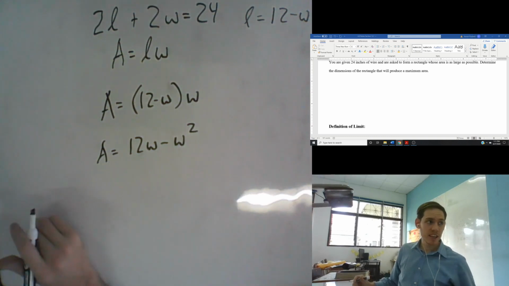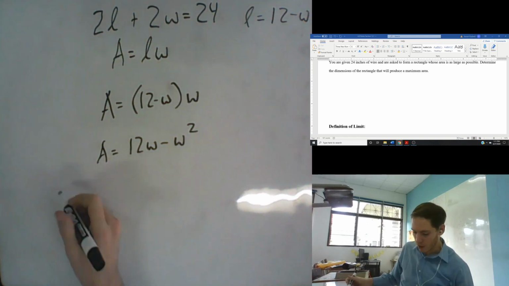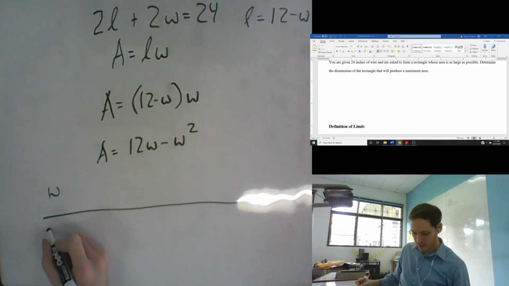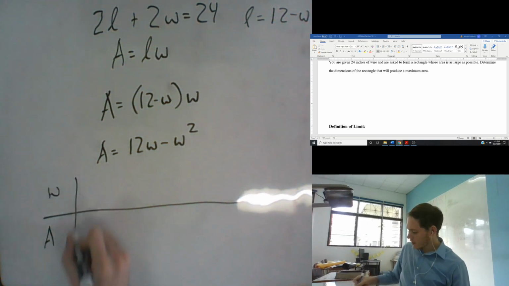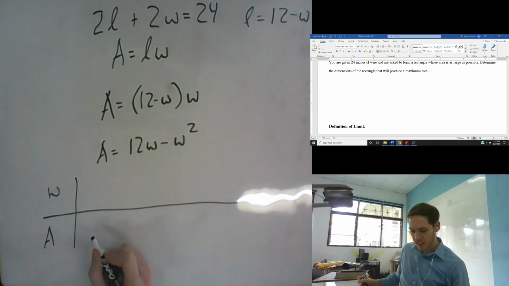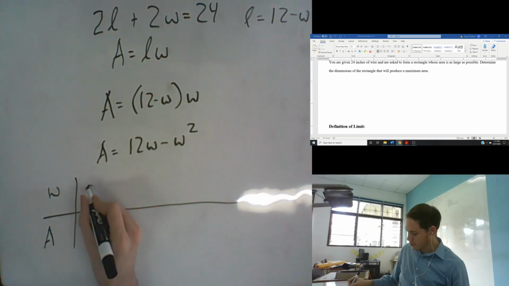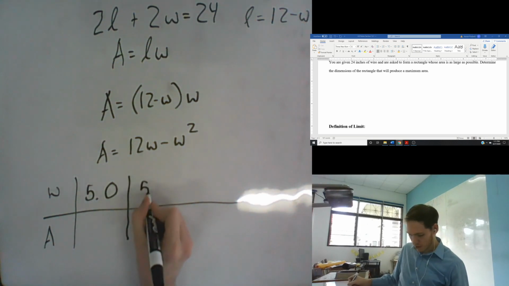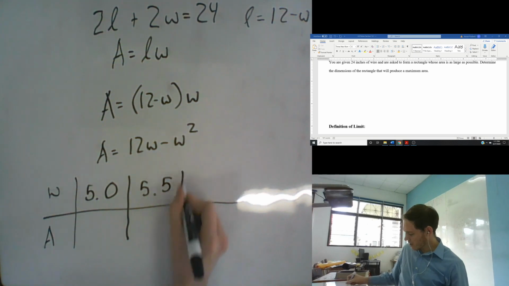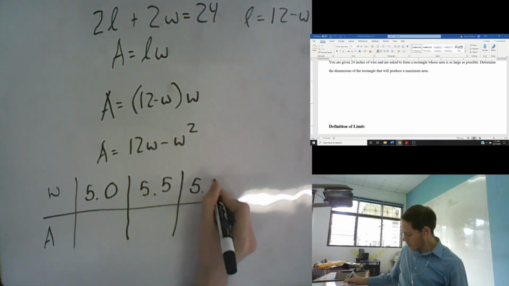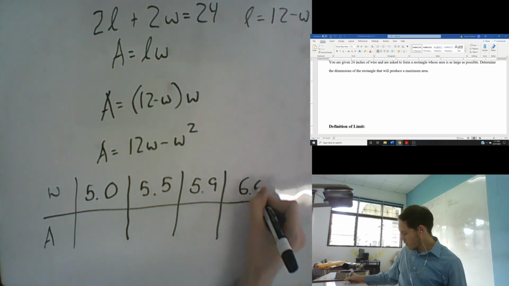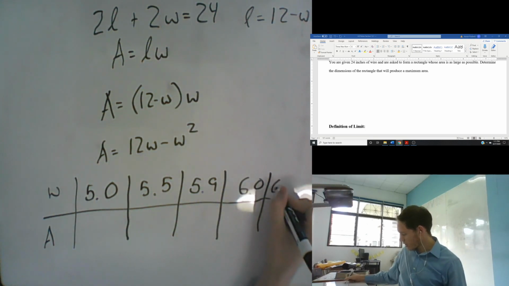So we would create a table in this case where we have our width and area, A. And we're going to kind of see as we get closer and closer to 6, what happens with our area. And then as we get further away, what happens to our area?